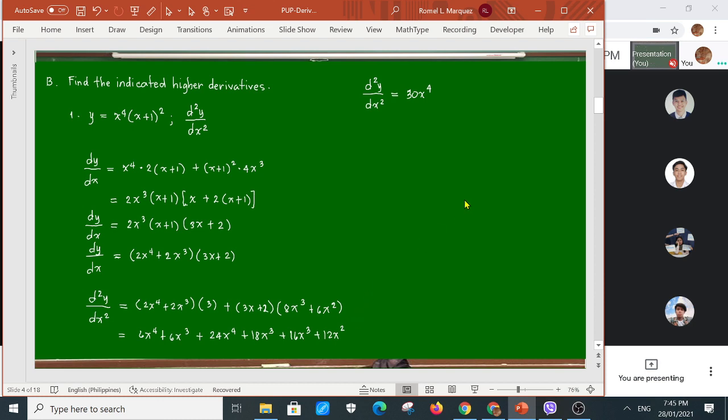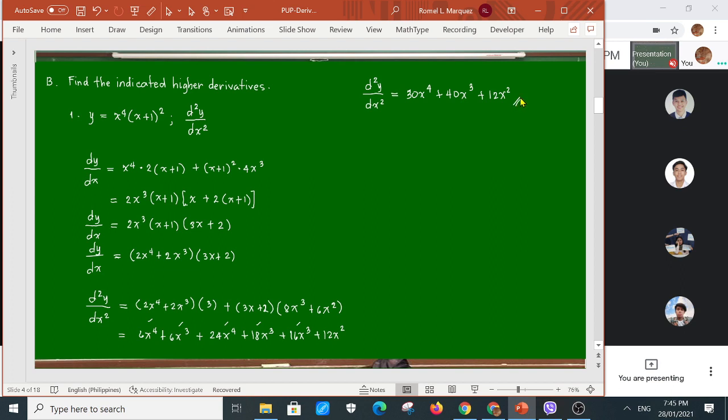Okay, guys? 30x to the 4th, so we're done with this. Now the cubes: 22 plus 18, 40. Is that 40, guys? And then the last one, plus 12x squared. Okay, guys?